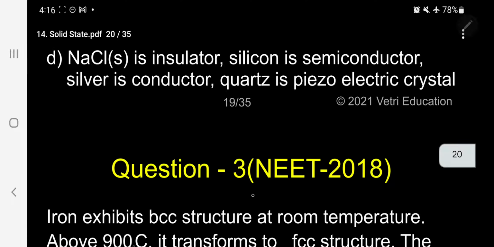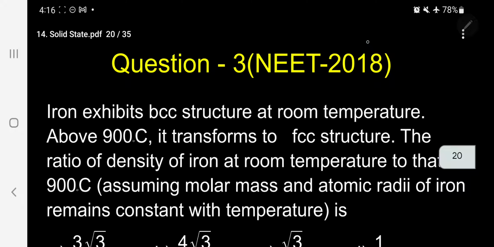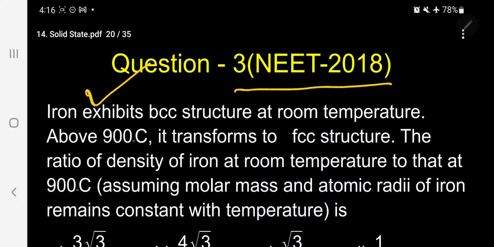Let me go to the third question. Question number 3. This question was asked in NEET 2018. Let me read again. Kindly follow. Iron exhibits body-centered cubic lattice structure at room temperature. Above 900 degrees centigrade, it transforms into face-centered cubic lattice. It's very interesting information.